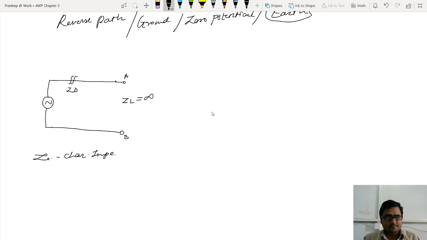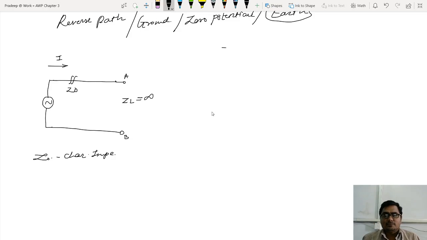Now see, if I apply a signal, the wave is incident, or let me call it the incident signal, or incident wave. The wave is inserted, that is the incident wave. And now the basic rule of transmission line is known to everyone.